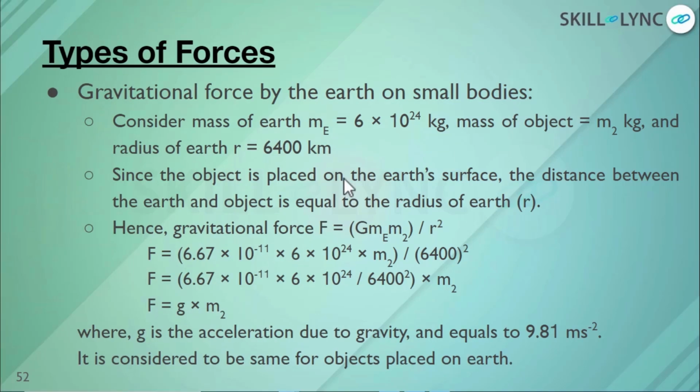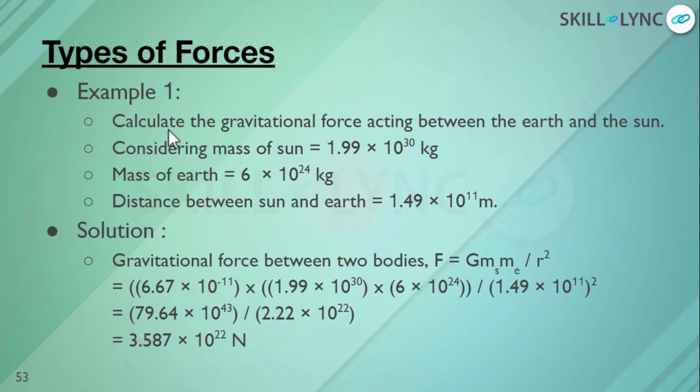Let's try to understand this using an example. Here, as the question says, calculate the gravitational force acting between the Earth and the Sun. Considering the mass of the Sun equals 1.99 into 10 power 30 kg, the mass of the Earth equals 6 into 10 power 24 kg, and the distance between the Sun and the Earth equals 1.49 into 10 power 11 meters.